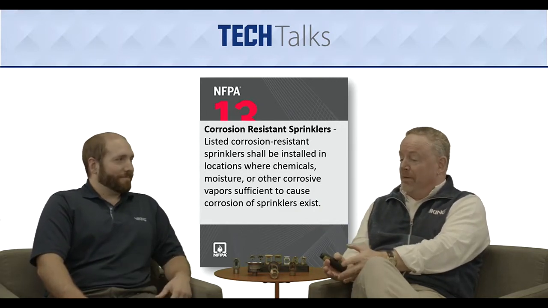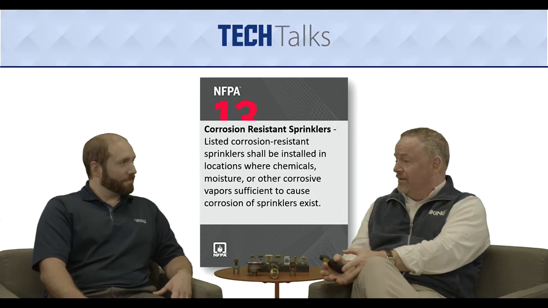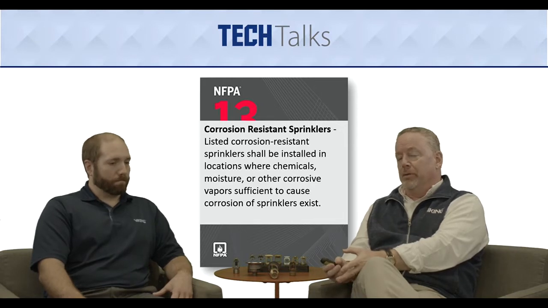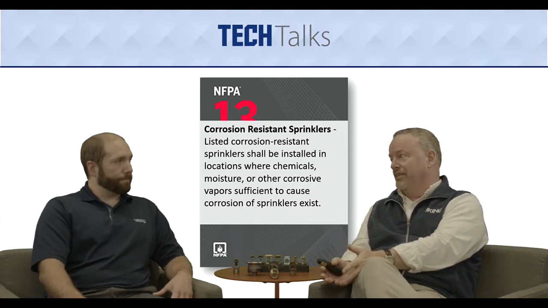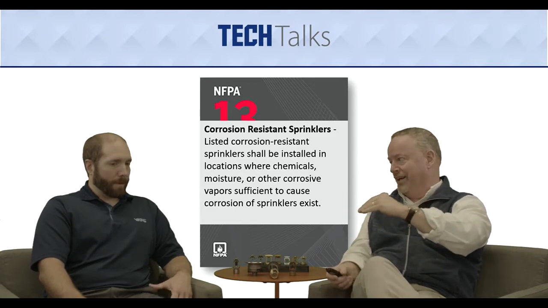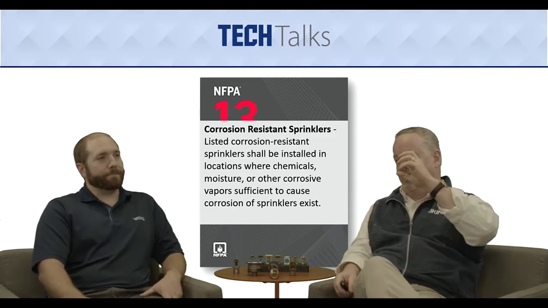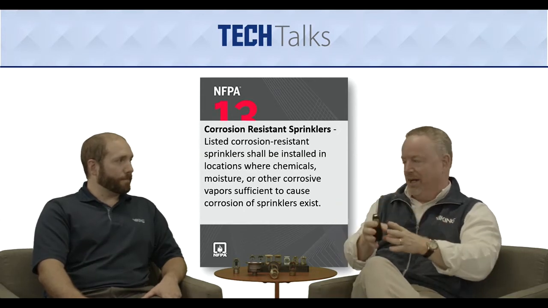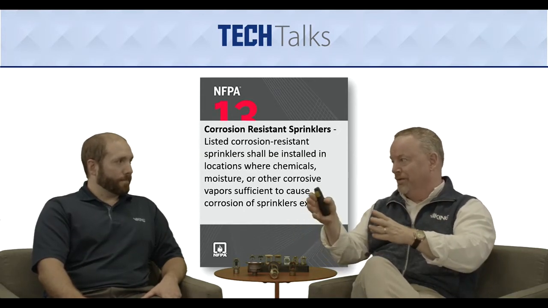But the point is that these are corrosive environments, and the standard has always given a little bit of guidance on that. But basically what it doesn't say is how much. This isn't like light hazard, ordinary hazard, extra hazard. They're not even matching up one environment with, if you have this, you should use this type of sprinkler.